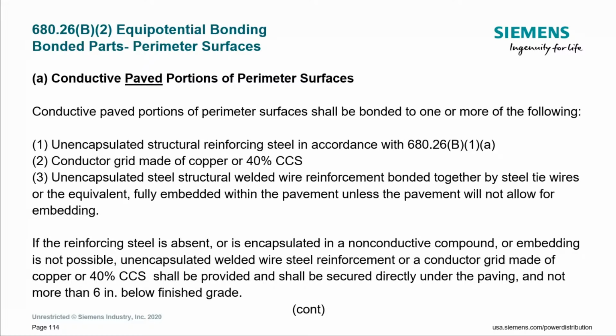It says conductive paved portion of perimeter surface shall be bonded to one or more of the following. Number 1, unencapsulated structural reinforced steel in accordance with 680.26(B)(1)(a). That's rebar. Number 2, conductive grid made of copper or 40% copper clad steel.